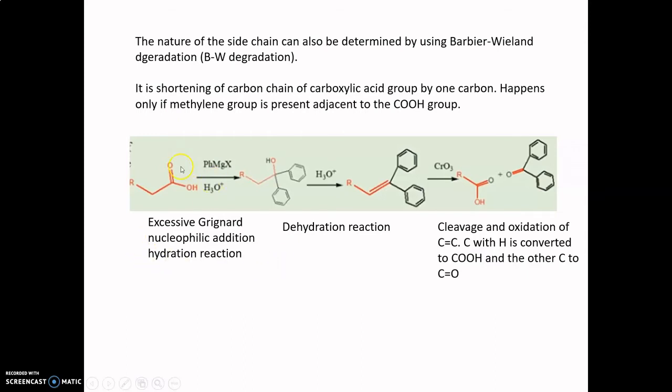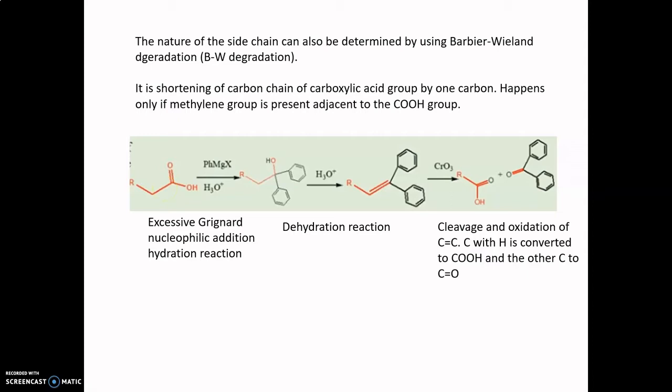Say for example, you have a COOH group here, and you have a methylene group. So this must be the system. That means you must have a CH2COOH group. If such a structure is present, then you can carry out Barbier-Wieland degradation, and during that degradation, 1 carbon is lost from the carboxyl group.